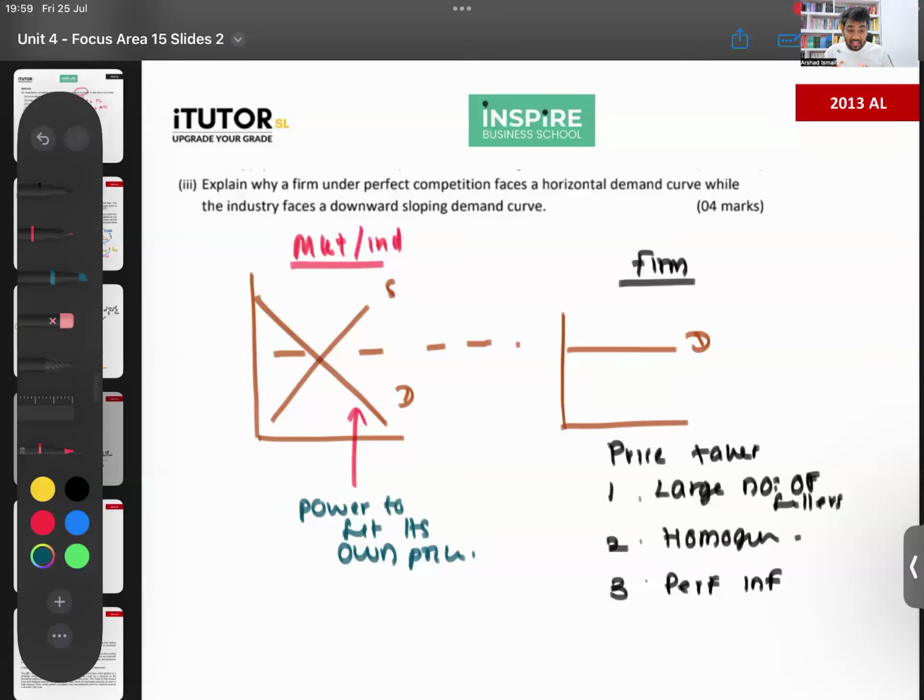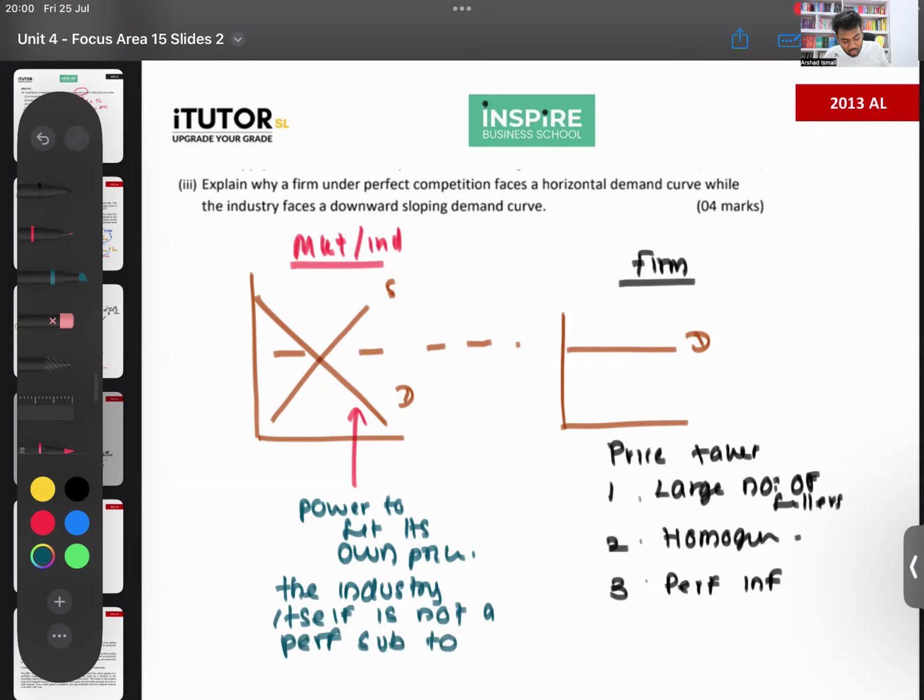Because it is not a perfect substitute for another one. Is the paddy industry a perfect substitute for the bread industry? No. So because the industry itself is not a perfect substitute to another industry, the market has power.